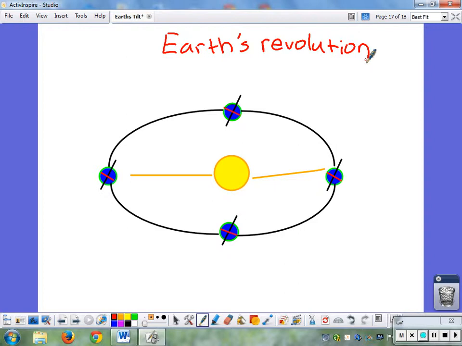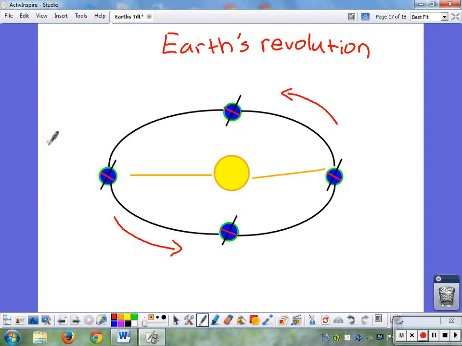You were able to explain this when we look at Earth's revolution around the sun. Earth revolves around the sun in this direction. Now again, please remember that this is a two-dimensional drawing of something that should be three-dimensional. We know when it's summer or winter in the hemisphere based on the direction the pole happens to be pointing.